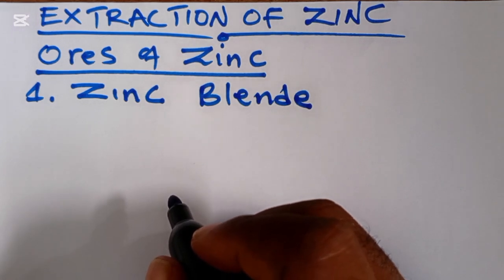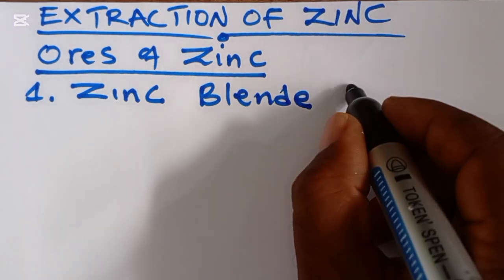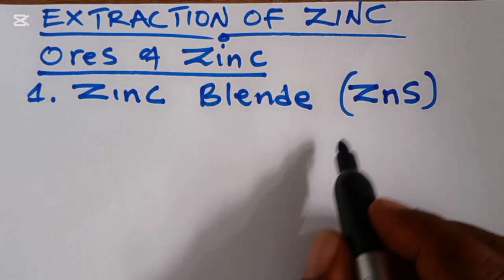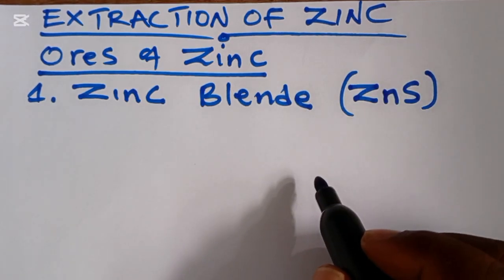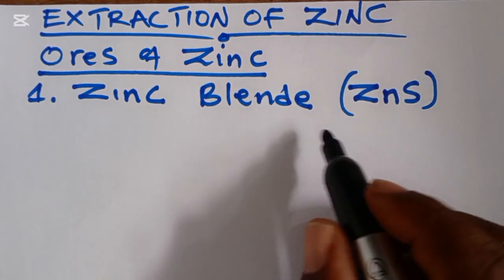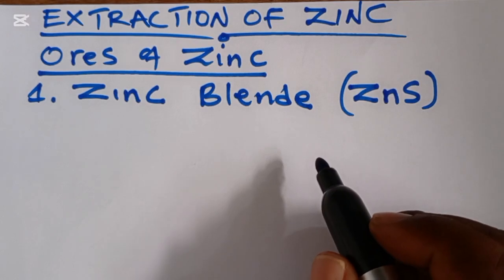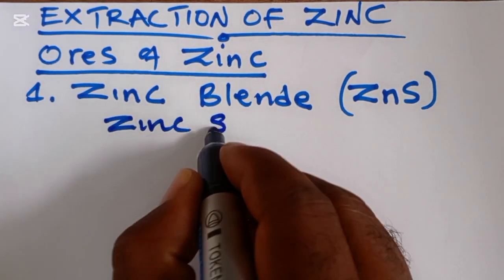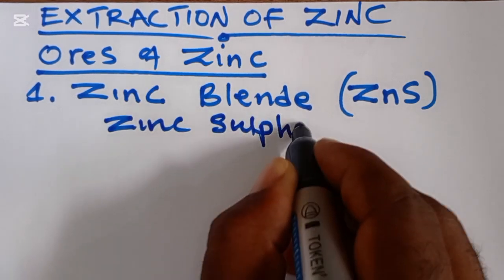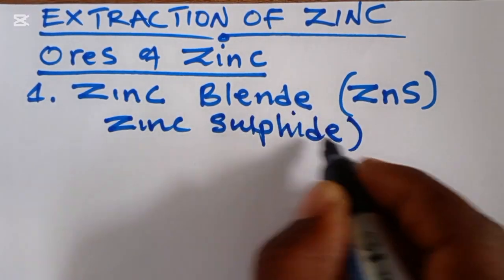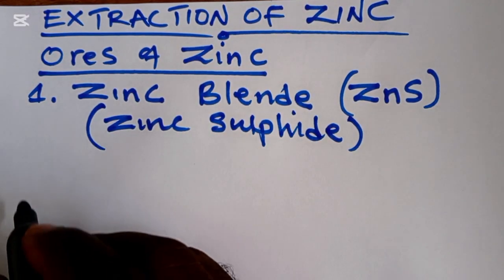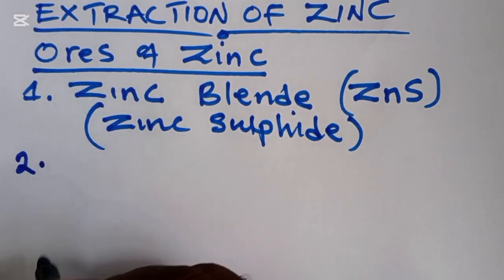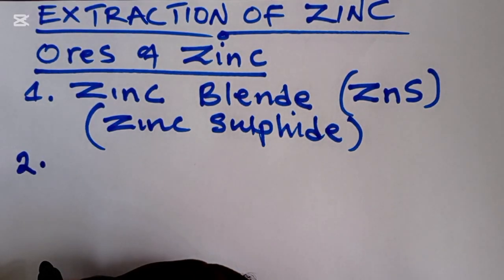Zinc blende. The chemical formula is ZnS. The other name for zinc blende is zinc sulfide. Number two, ore of zinc, it is called calamine.